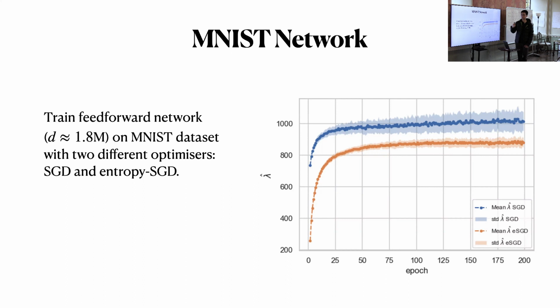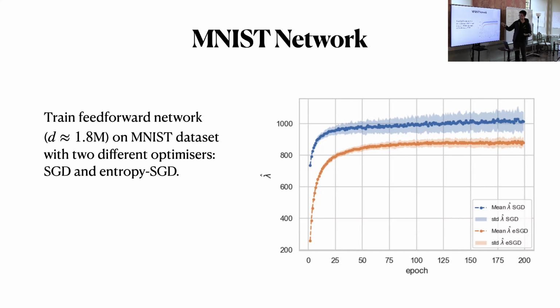This is a feed-forward network with around 1.8 million parameters on the MNIST dataset with 2 different optimizers. Here's the advantage of being able to track local complexity as you train, maybe with a different optimizer, configuration, loss or penalty: how does the complexity evolve over training time?